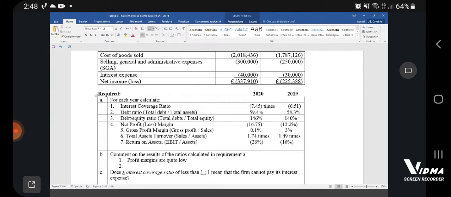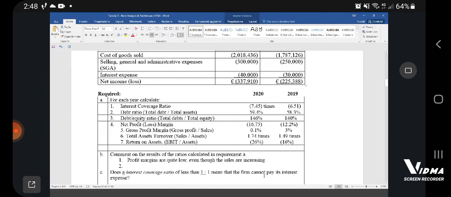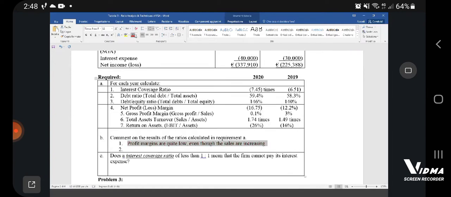And I would even add, even though the sales are increasing from one year to the other, and other things being equal, I would expect to have an increase in the profits as well, but that is not happening. So this is something really to put in red lights and to see very carefully in the future how this trend in the profit margin will go on.